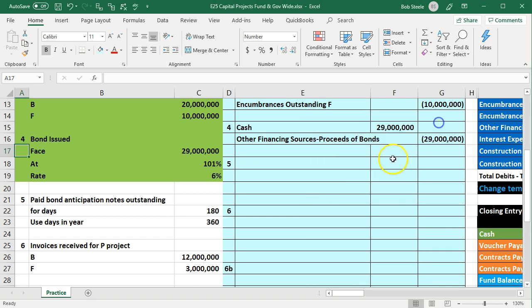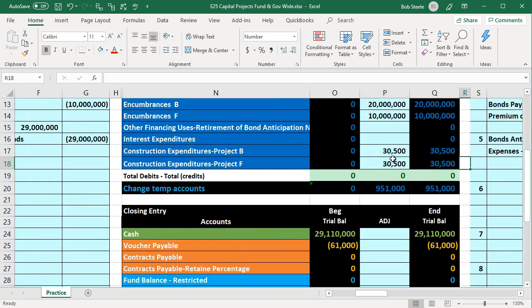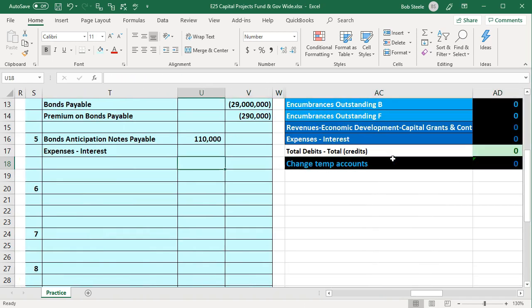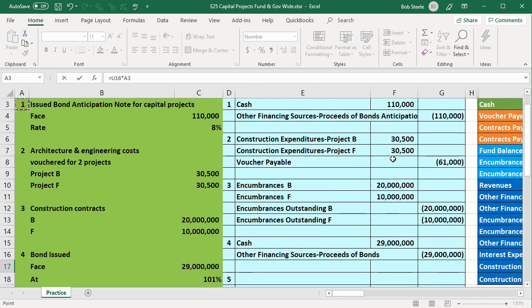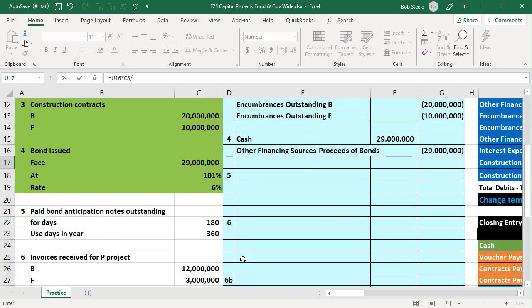So let's do that again with a formula over in our Excel sheet. So we're going to say here in U17, this will be equal to the 110,000 times the rate. I'm going to scroll over and pick up the rate, which was 8%. And then we're going to take that and divide it by the number of days in a year, 360.